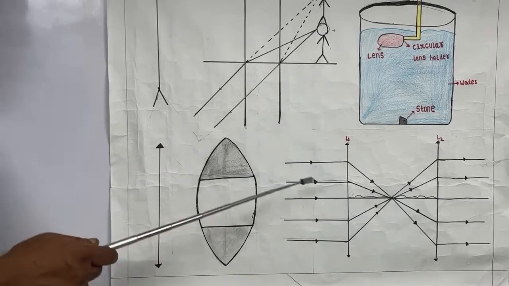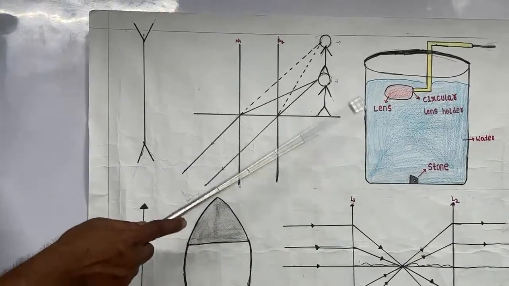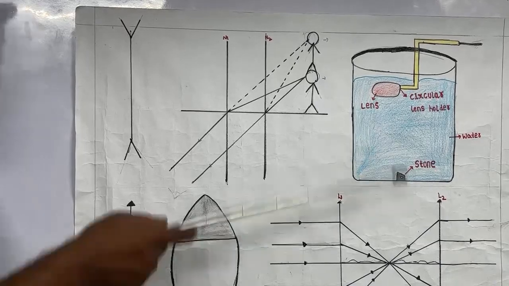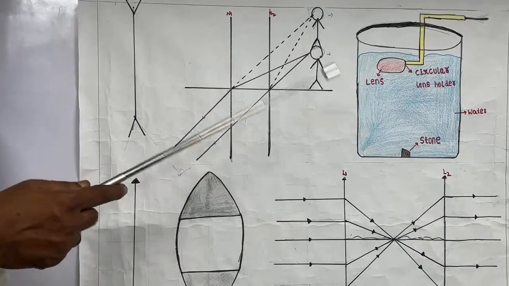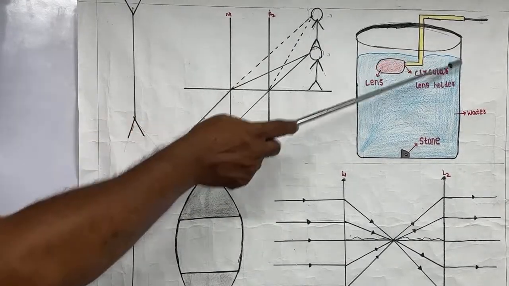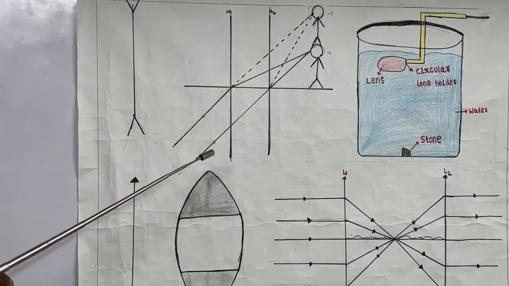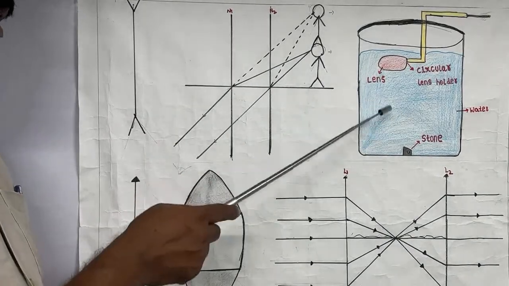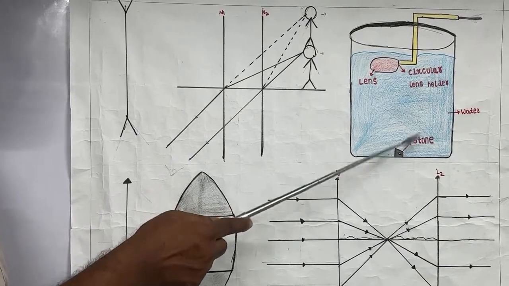Now comes a very important concept in this case. I am taking one glass vessel, a glass jar. In this jar, I am filling 75 percent, 3/4 of the jar, with water. That water should be crystal clear, completely transparent. And I have dropped one black stone here.